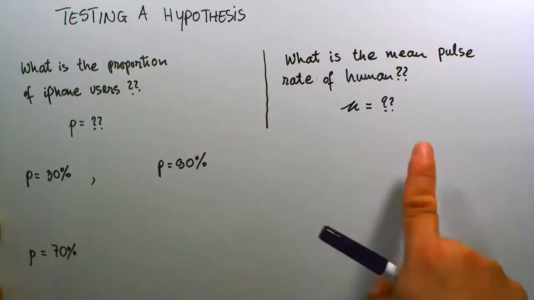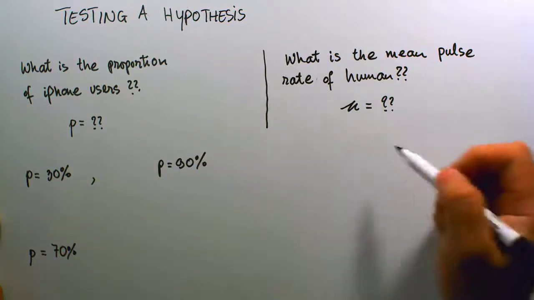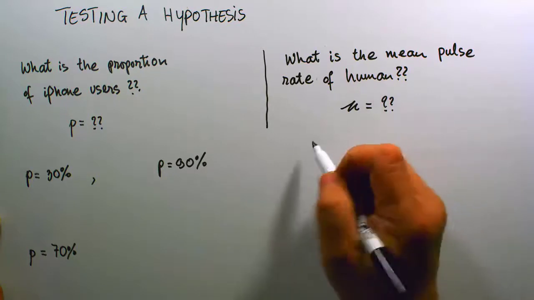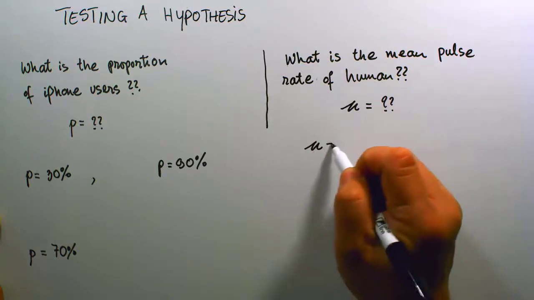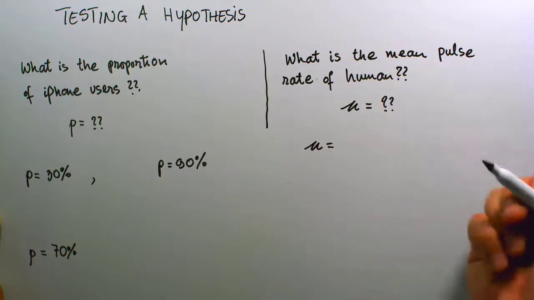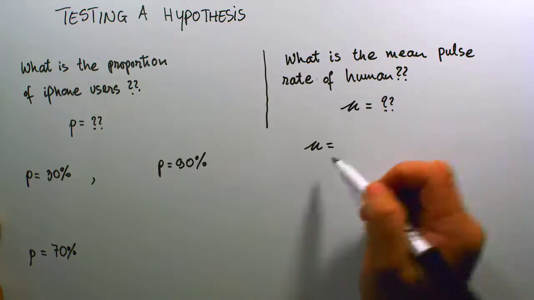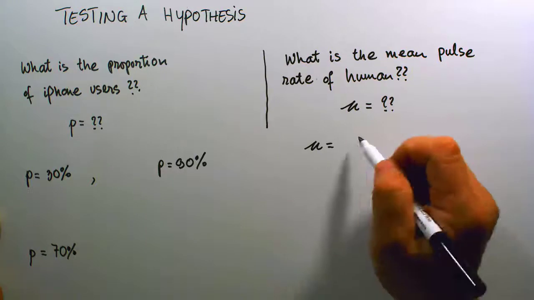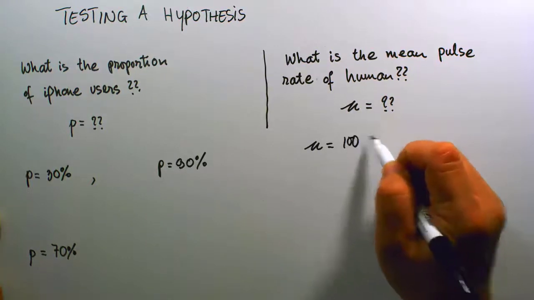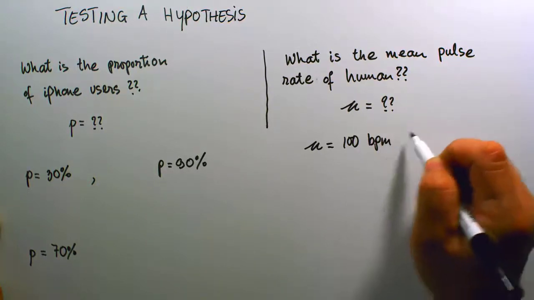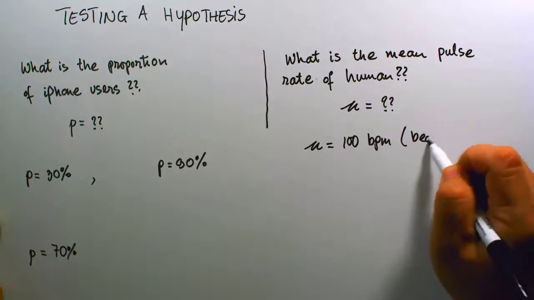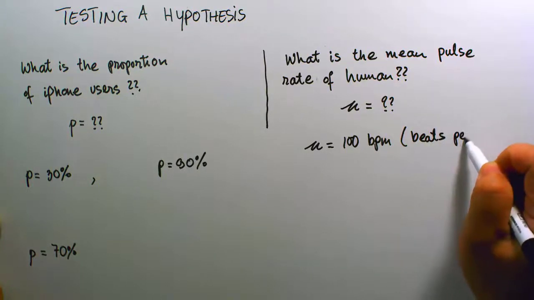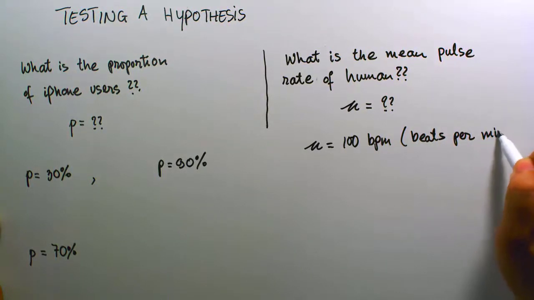The same thing happens with the mean value. Somebody can rashly say, and by rashly I mean without evidential support, without presenting any evidence, that mu, or mean pulse rate of humans, is 100. How about BPM, which stands for beats per minute? Okay.